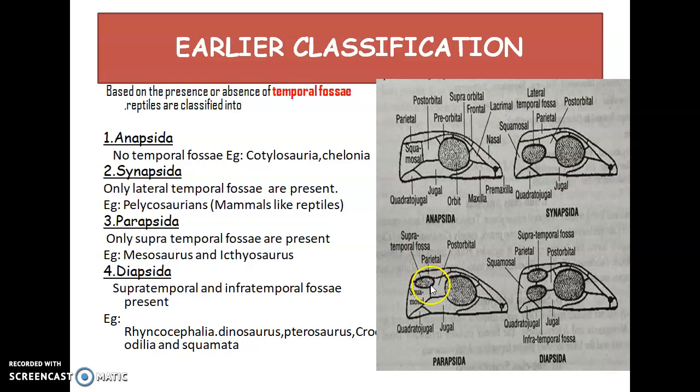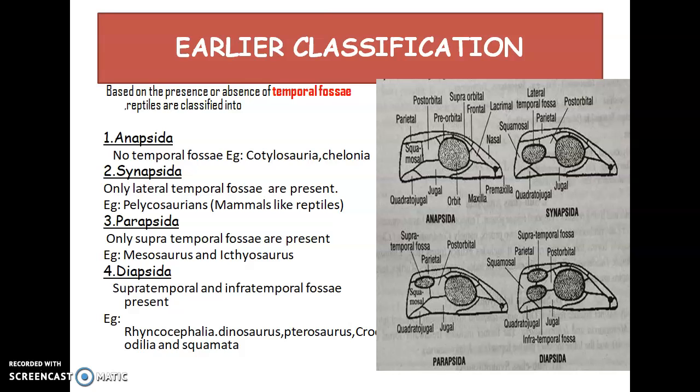Those organisms which possess this supratemporal fossa are considered parapsidans.